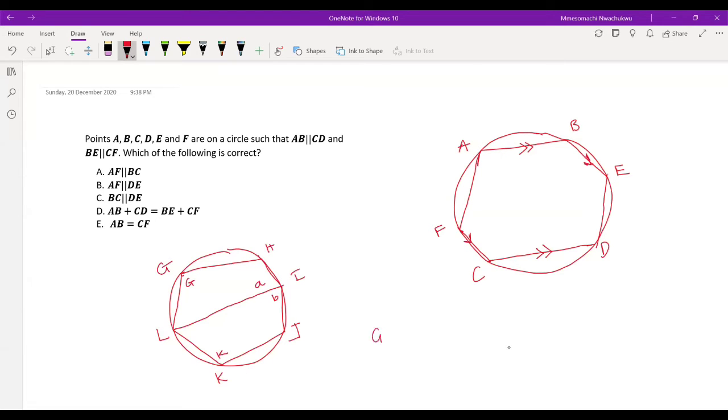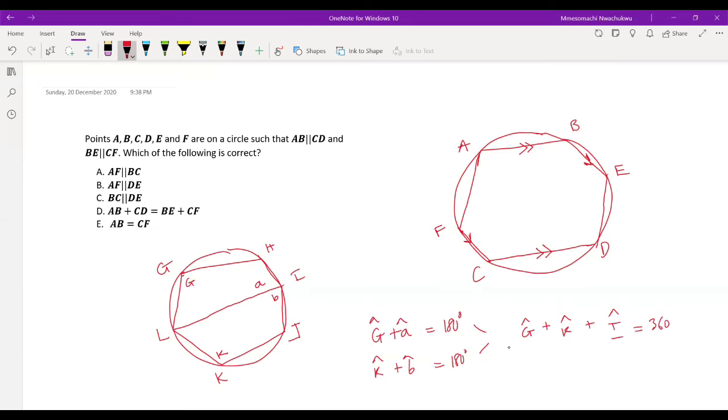What can we see? We can see that angle G plus A is equal to 180 degrees, and angle K plus B equals 180 degrees. It's just the sum of opposite angles in a cyclic quadrilateral. So when you add these two equations together, we have angle G plus angle K plus A plus B, which is the angle at I, so the sum equals 360.